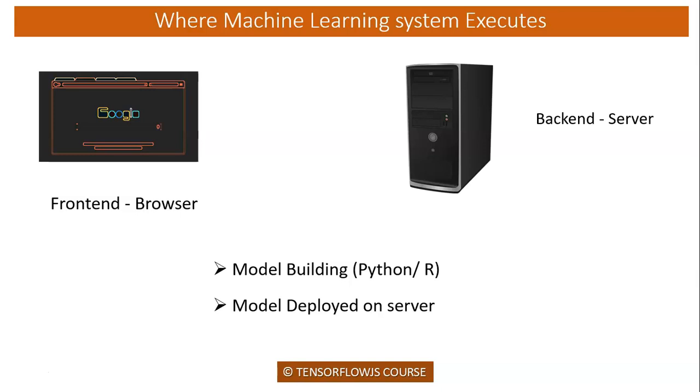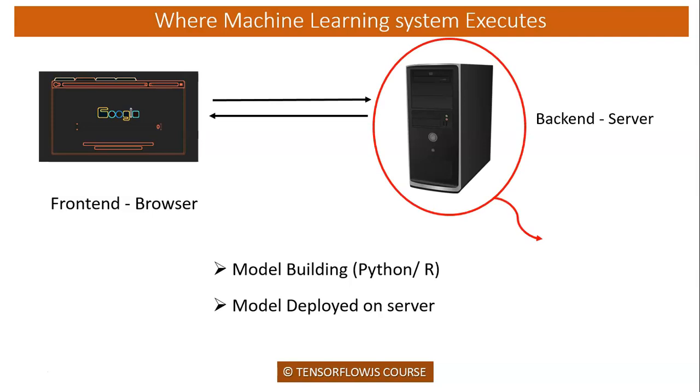Once the model is deployed on a server, the front-end browser application sends a request to get an inference about the data, based on the model we have deployed. Based on the model's prediction capability on the server, it returns a result. If you observe this simple flow, all the training, testing, and inference happens on the server side.